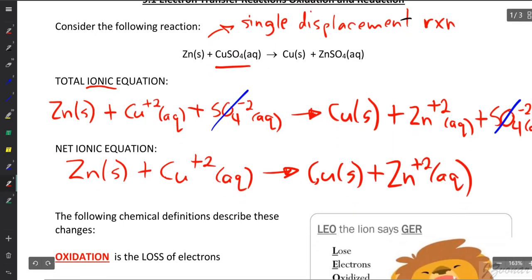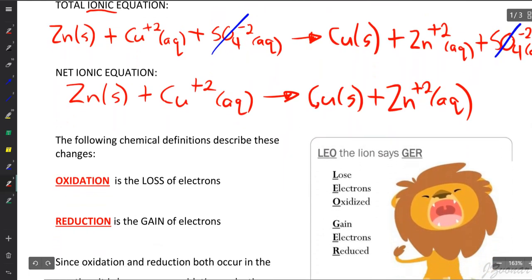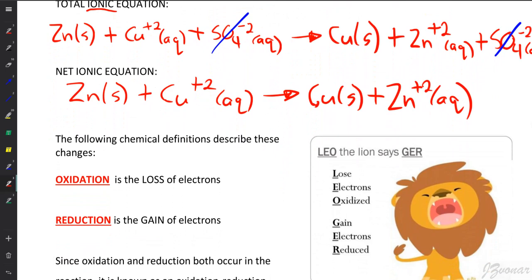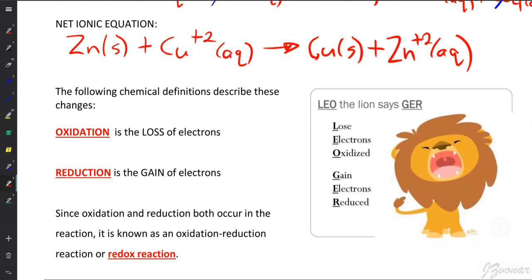Now, what's going on in this particular reaction? Two very important things. First, there's an oxidation, which is defined by the loss of electrons. And then we also have a reduction taking place, which is the gain of electrons. A good way to remember this is the little sentence that says Leo the lion says grr. L stands for lose.